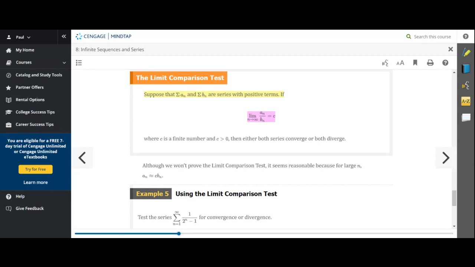Essentially, you're saying that the terms of the one series are in proportion to the terms of the other series as n gets large. So the one series has to behave like the other series when n is large. Therefore, if one series converges, the other series converges. If one series diverges, the other series diverges. Okay, that's called the limit comparison test.